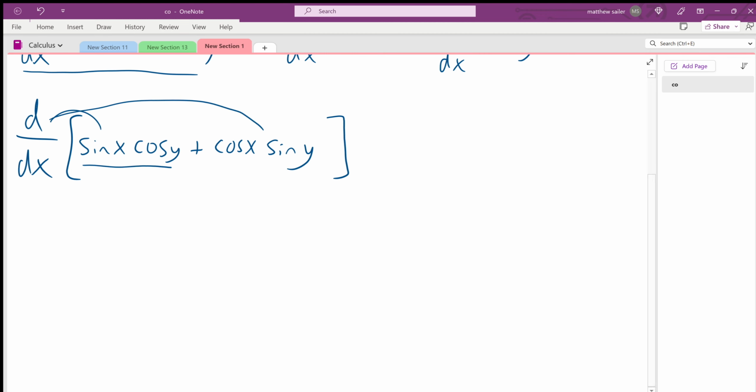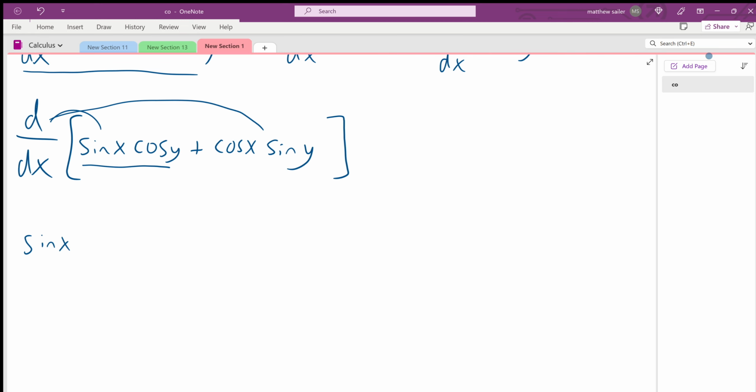So we're going to distribute this derivative to each summation. We're first going to focus on this guy, sine x times cosine of y. So we have to use the product rule here. The product rule says that this derivative is the first, so sine of x, times the derivative of the second.